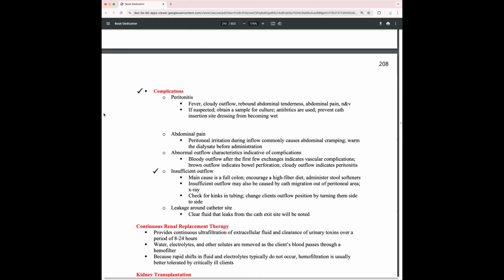Okay, so on page 208 in the study guide, where it says bloody outflow after the first few exchanges indicates vascular complications. Okay, so that's blood vessel damage.